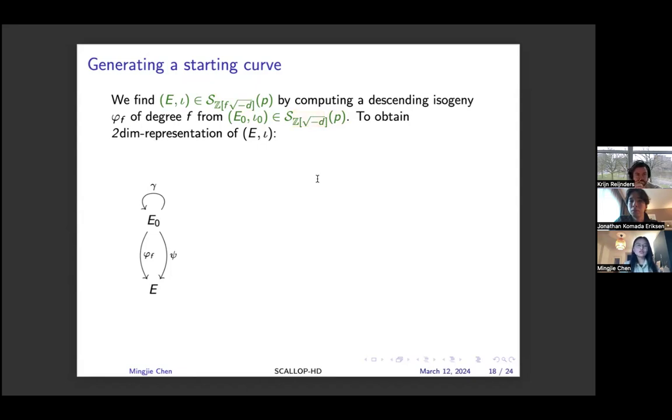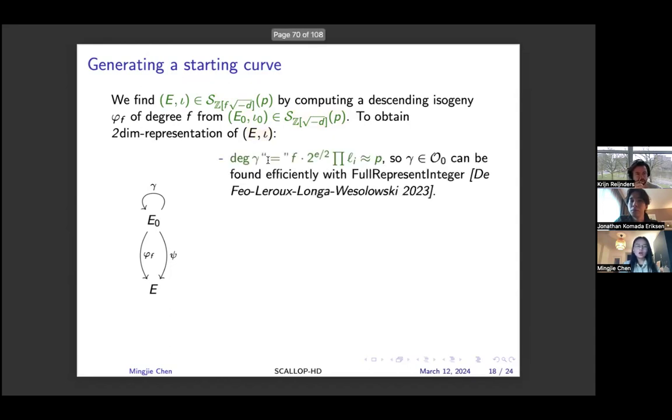To obtain the 2D representation of E iota, we do the following. We first compute an endomorphism, or a quaternion element, sorry, gamma, not phi, which is of degree phi times 2 to the e over 2 times product of LIs, which is roughly of size p.